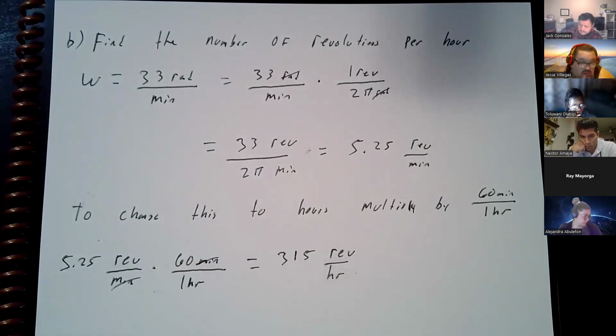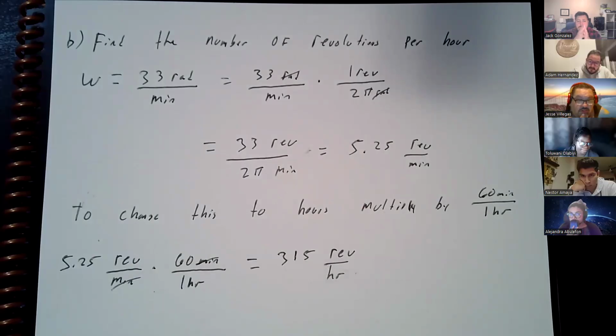Any steps that don't make sense? On the first conversion, where did the 2 pi come from under the revolution? Remember we said one revolution is one time around the circle. That's equivalent to 2 pi or 360 degrees.